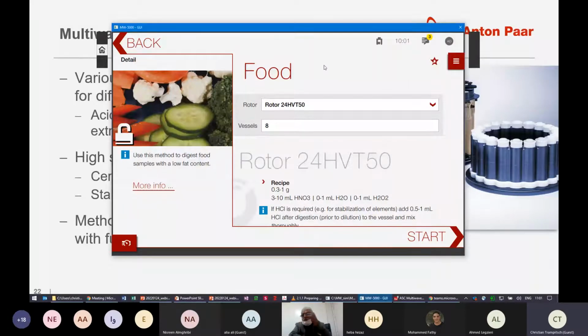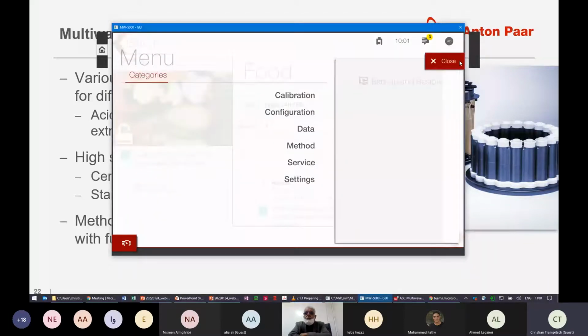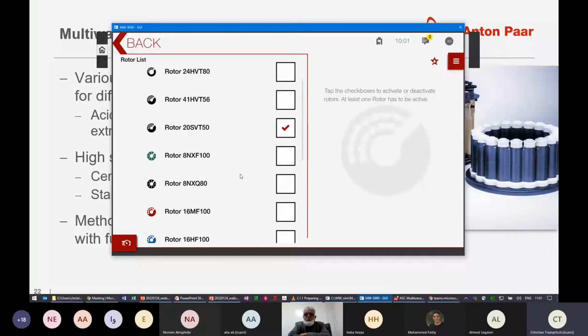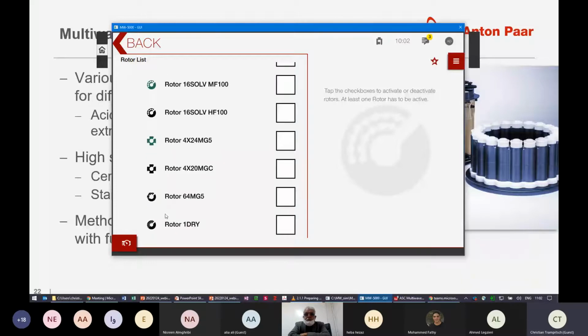The instrument can come with many different rotors and accessories. Maybe I can just show this to you. Here we see the available rotors. We have some of the HVT vessels and SVT. These four rotors are smart vent vessels. We also have other ones: rotor 8, 16 vessels, solvent extraction, some special reactors mainly for synthesis or small vessel digestion, and also for drying.